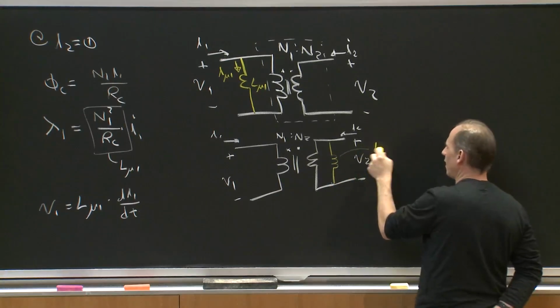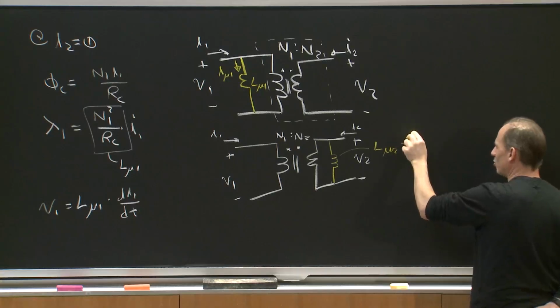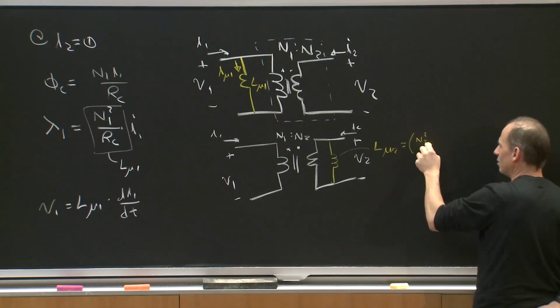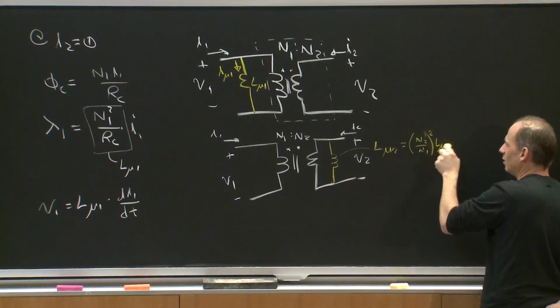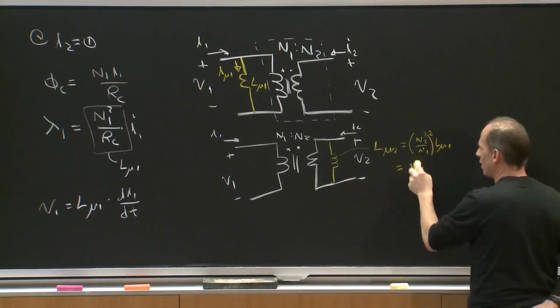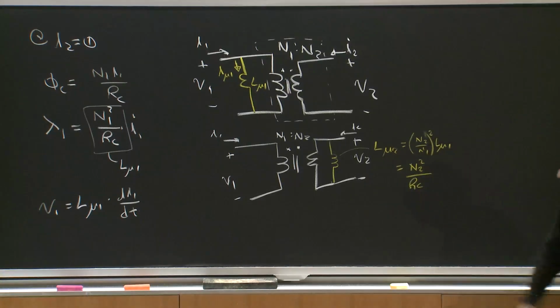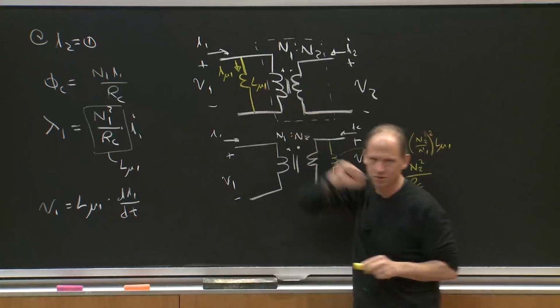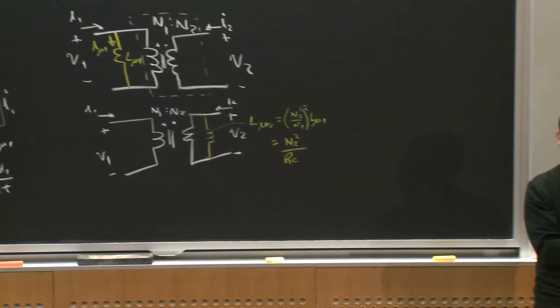This would have been L mu 2, the magnetizing inductance referred to the secondary side, which would have been equal to N2 over N1 quantity squared, L mu 1, or equal to N2 squared over the reluctance of the core. Okay, so I could place this sort of fictitious component on either side of the core because whichever place I place it, it's modeling the same phenomena, the energy stored in the core, energy associated with the flux being thrown around the core.